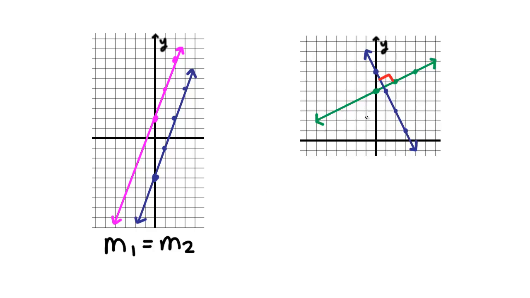Okay, now if we have two lines that are perpendicular to each other, then one of the slopes will be M1, and the slope of the second line will be negative 1 over M2. Hence the two slopes are opposite reciprocal of one another, and that indicates that the two lines are perpendicular, which means they cross and they make a 90-degree angle. Okay, and we're done and we're happy.